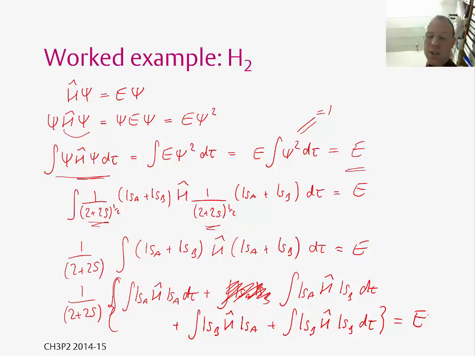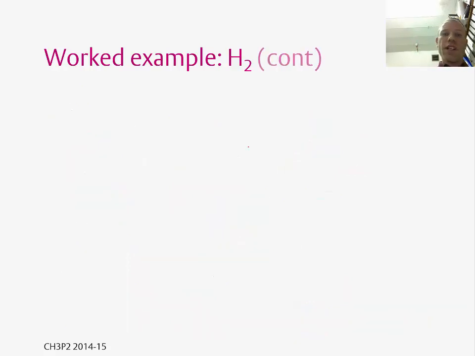What I need to do now is work out these terms. Each of these terms is actually just a number, so we can replace them with an abbreviation. The integral 1sa H hat 1sa d tau, I'm just going to call this HAA.